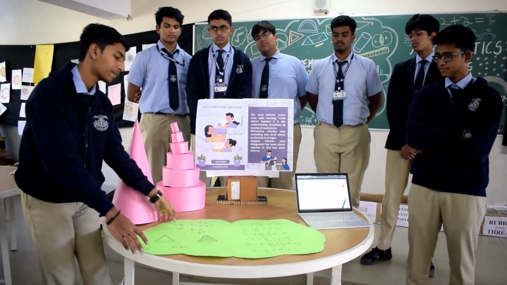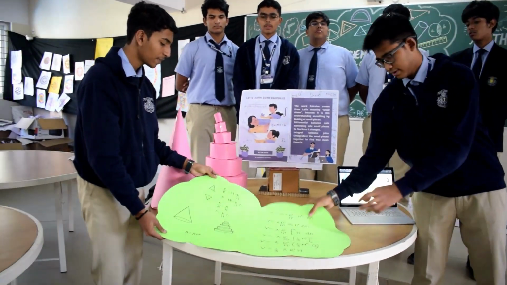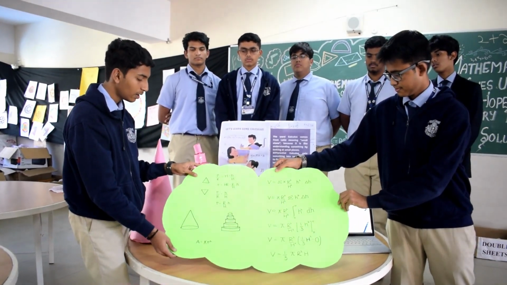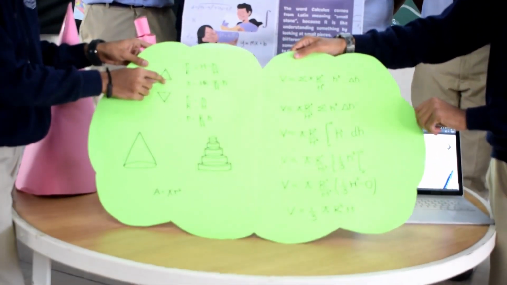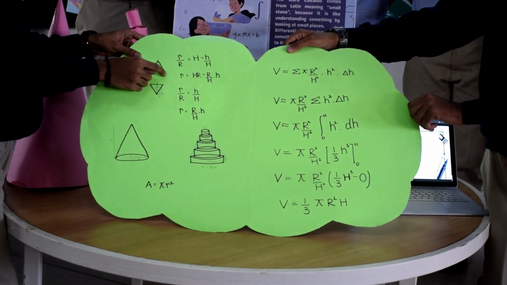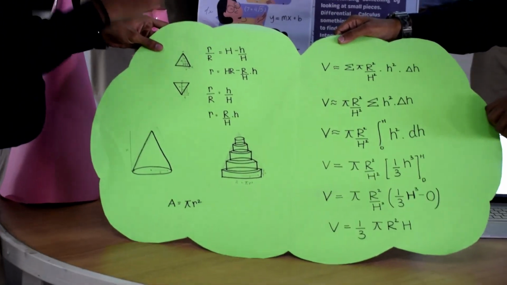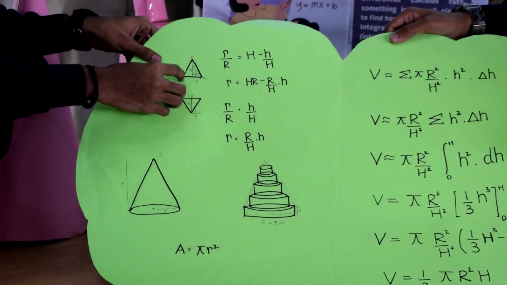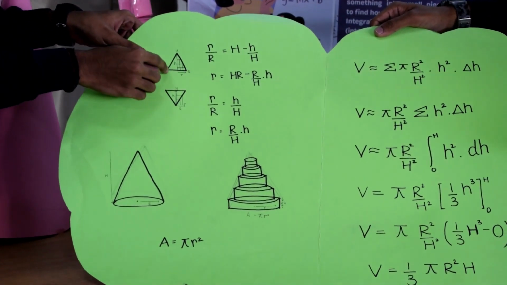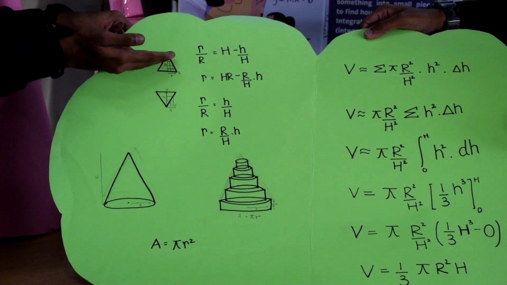So here, as you can see, we have taken small h and small r to be the constant height and radius. As the height increases, we see that there is an inverse proportion, a decrease.